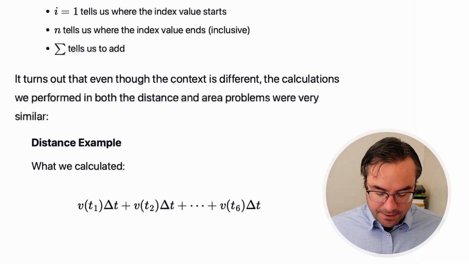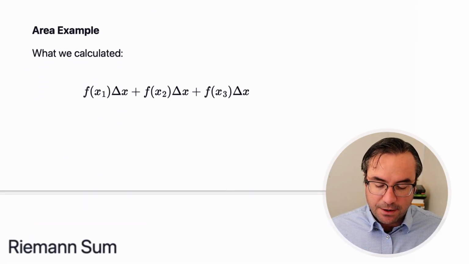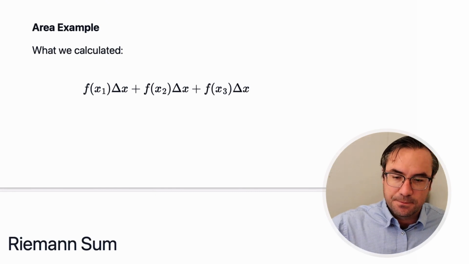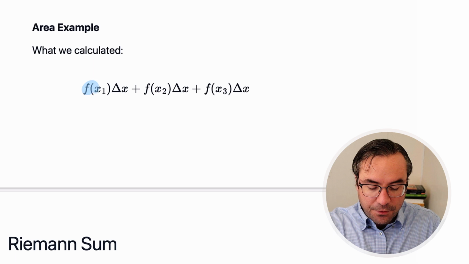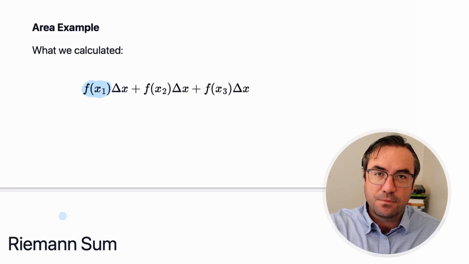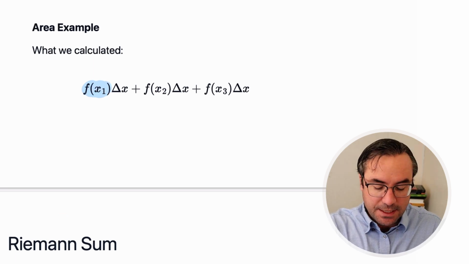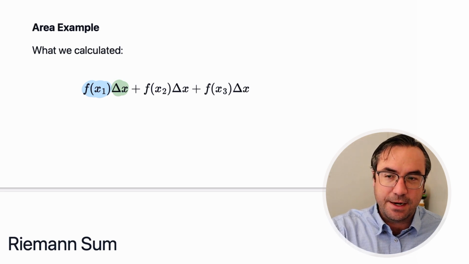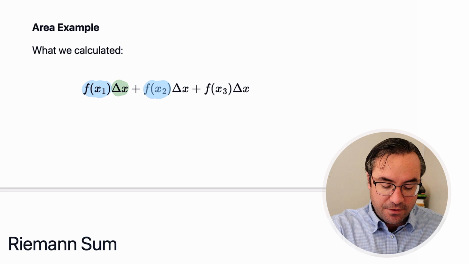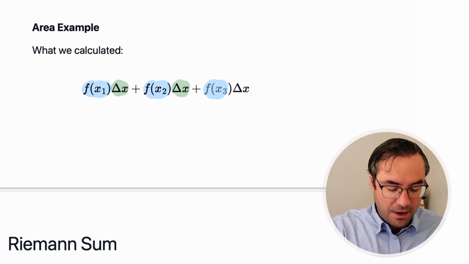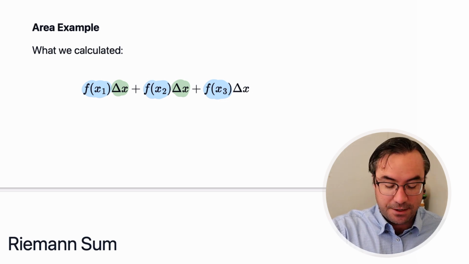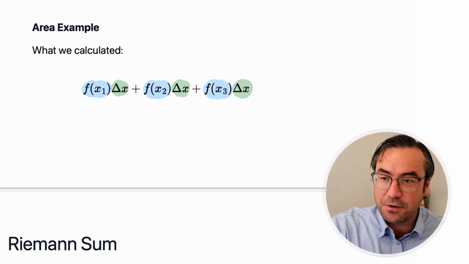And what we did when we calculated the area there is we figured out the height of our first rectangle times the width of our first rectangle, plus then the height of our second rectangle times the width of our second rectangle, and then the height of our third rectangle and the width of our third rectangle.